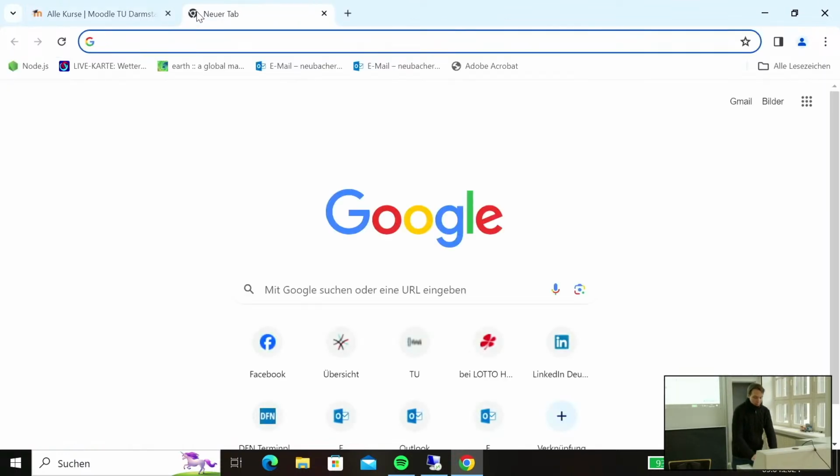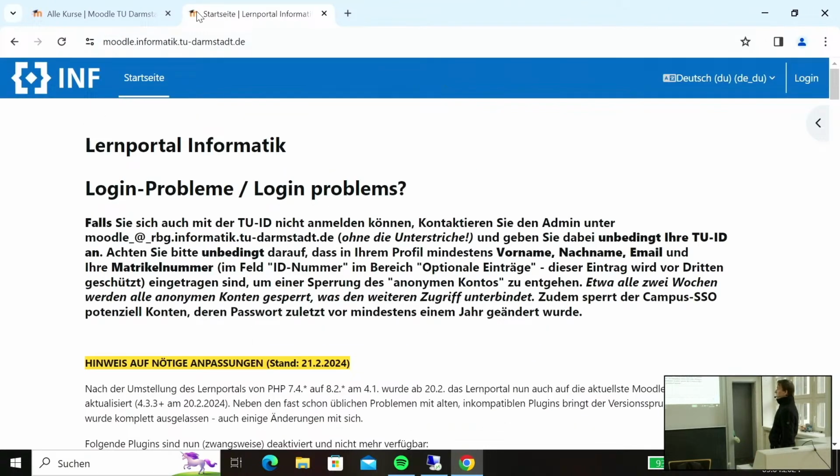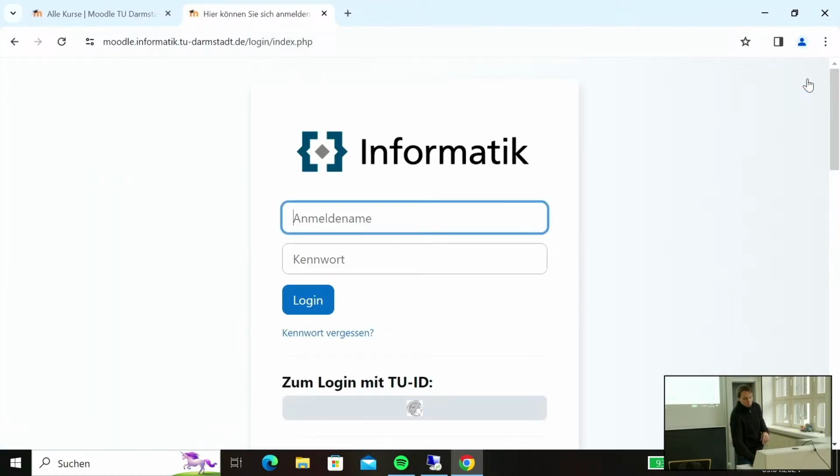So, and now, our Moodle system. A lot of information as well. Really important, if you go for the login, go for the login with the TU ID, a little below. Otherwise, you will probably create a new account, and then it differs over time.